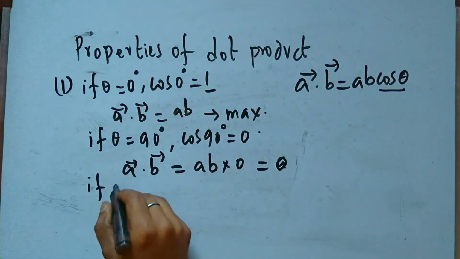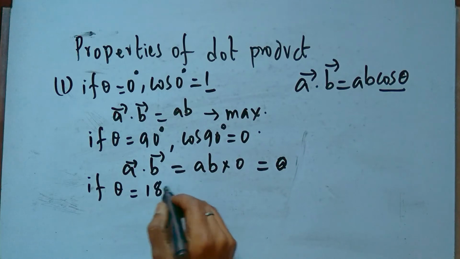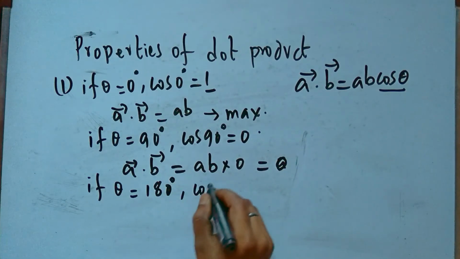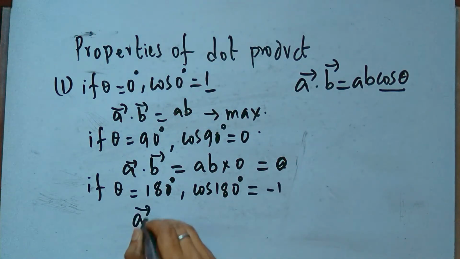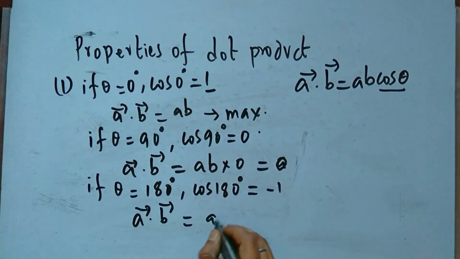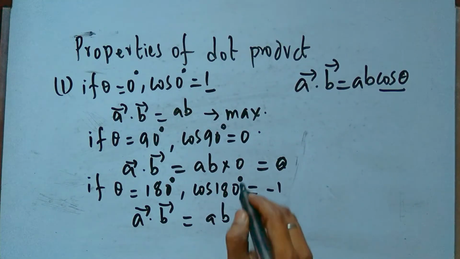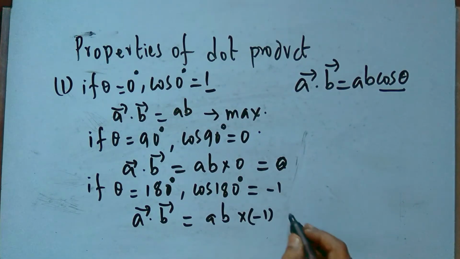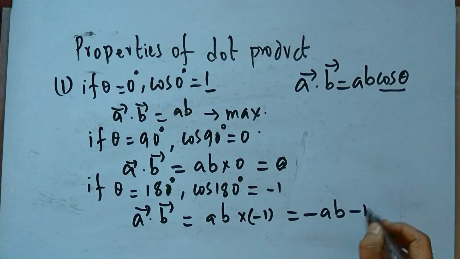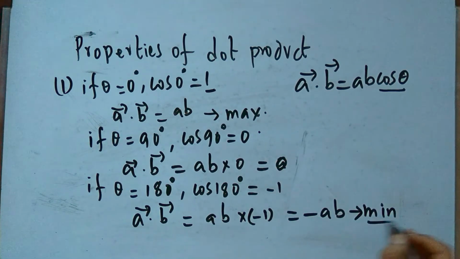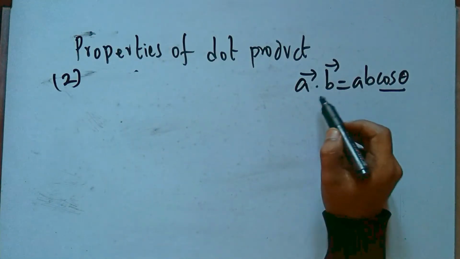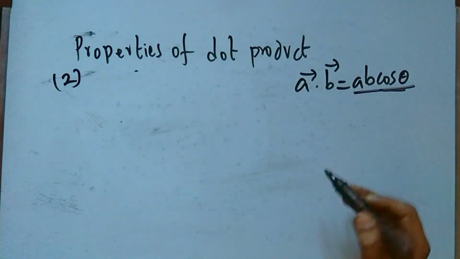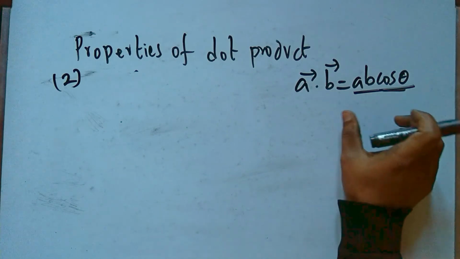If theta is equal to 180 degree, cos 180 degree is equal to minus 1. So dot product of these two vectors will be equal to AB times minus 1. So it is equal to minus AB. This is the minimum value of a dot product of two vectors. As we know, dot product of these two vectors is a scalar quantity, thereby there is no direction at all.